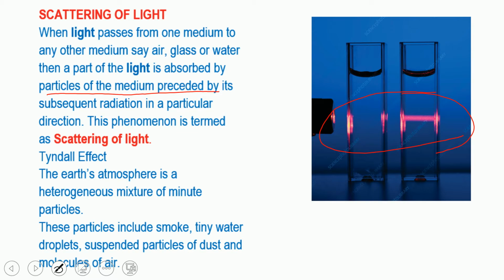When light passes through pure water, you cannot see the path. But in the salt solution you can see the path. Why is it so? The reason you see the path is scattering. That is also called the Tyndall effect. Now what is the Tyndall effect?